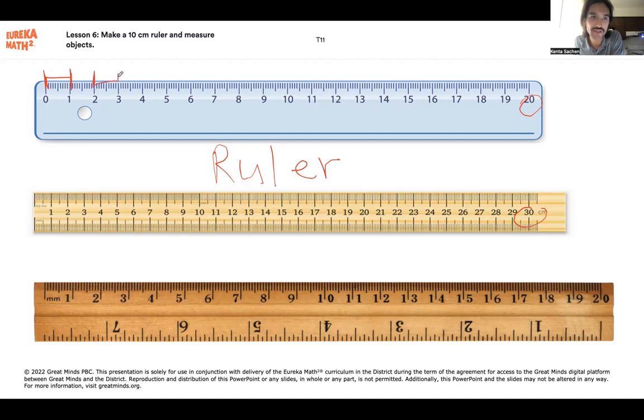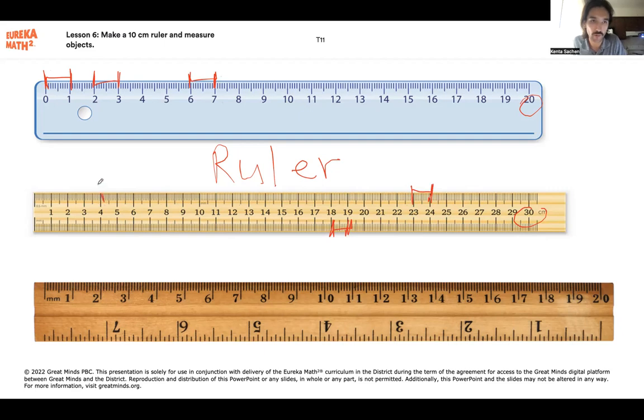It's always the same length between every number. The same size, right? Same space between every number. That's very important. If we go to here, between 23 and 24 is the same size as between 18 and 19.